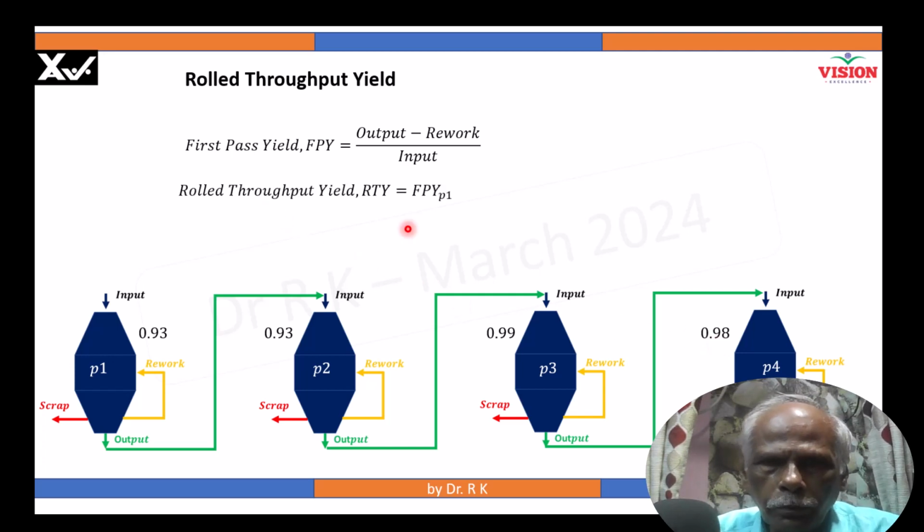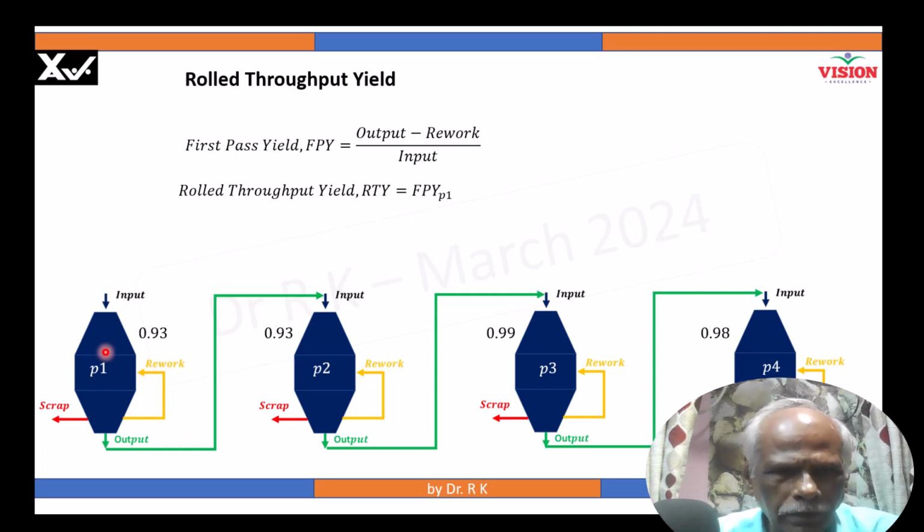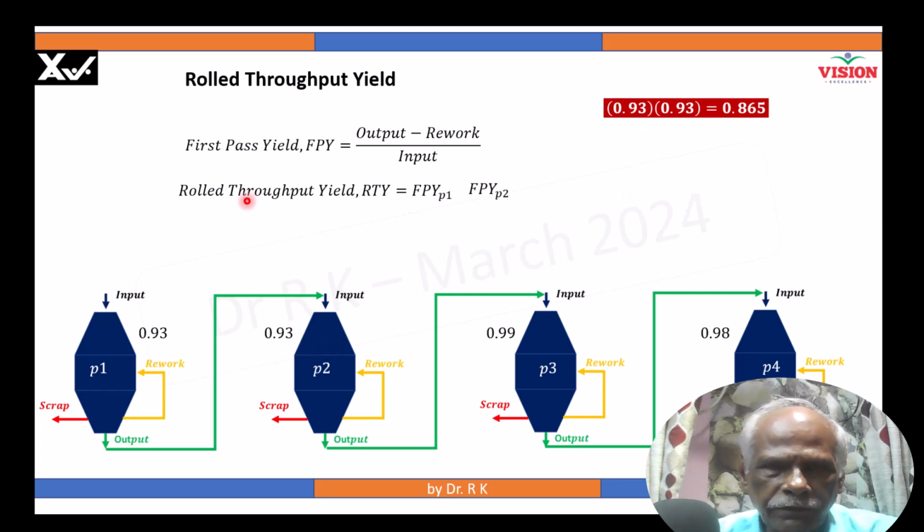Therefore, rolled throughput yield is nothing but the product of these first pass yields. As far as this is a one step process, first pass yield and rolled throughput yield are the same. Rolled throughput yield is equal to first pass yield. But when there are 2 processes in series, it is a product of 0.93 and 0.93, that is 0.865.